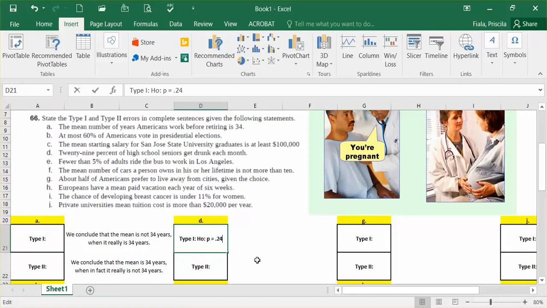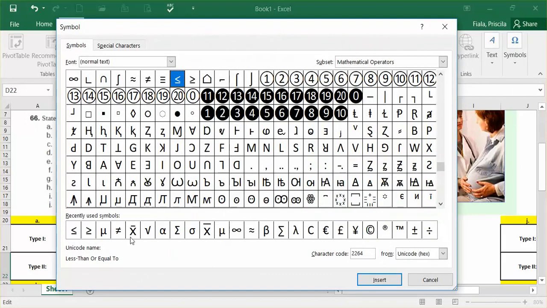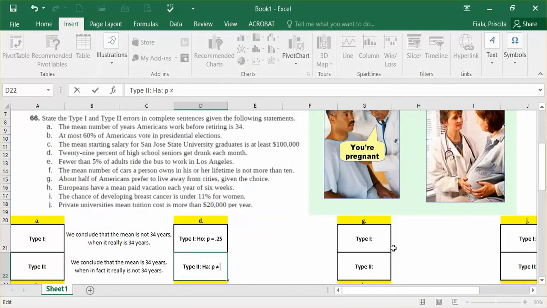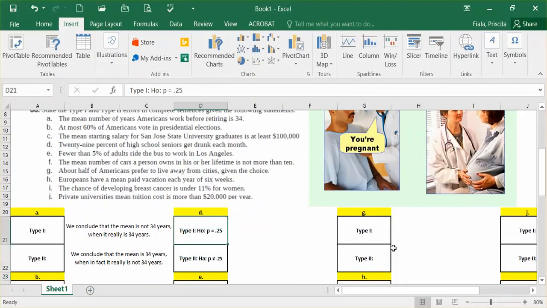Therefore, my alternative is going to be that the proportion, the percentage, is different than 25%.